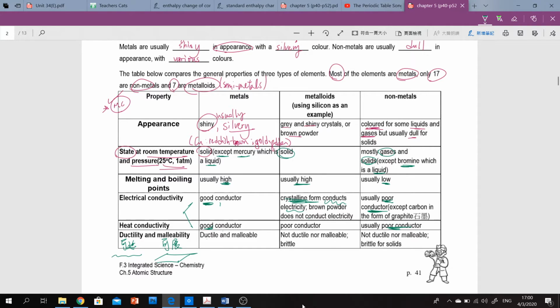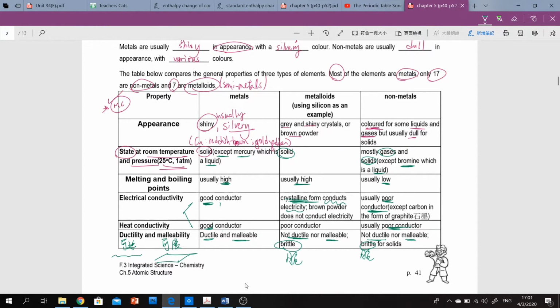For metals, they are ductile and malleable, while non-metals are non-ductile and non-malleable, and metalloids are neither ductile nor malleable, and sometimes we call that brittle. Brittle means once I apply some force to it, for example hammering it, it will not change its shape. Instead, it will crush into pieces. So we call that 脆 in Chinese. And this is what I would like to talk to you about different elements of the world.